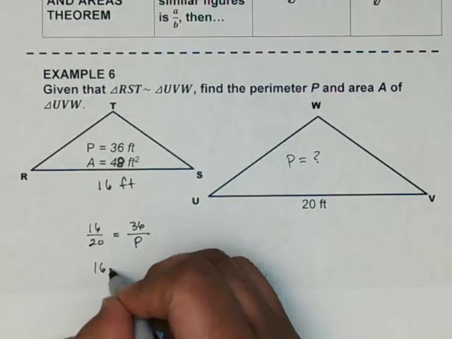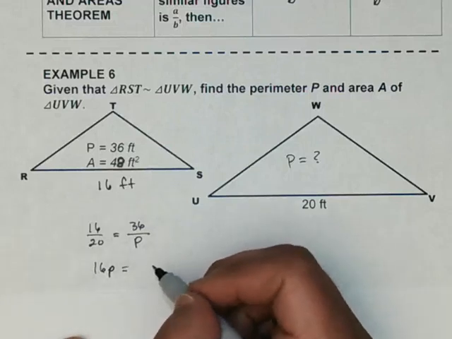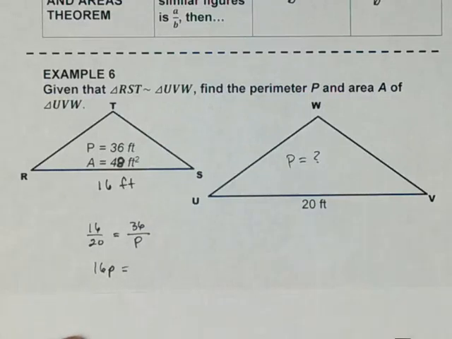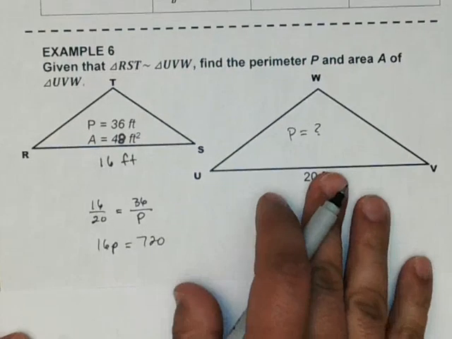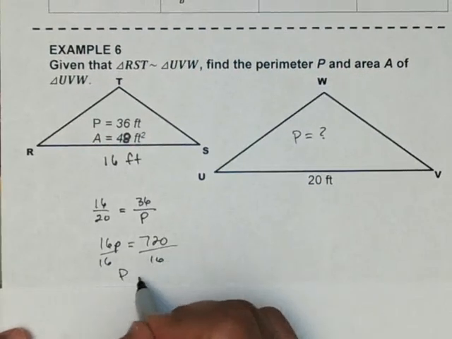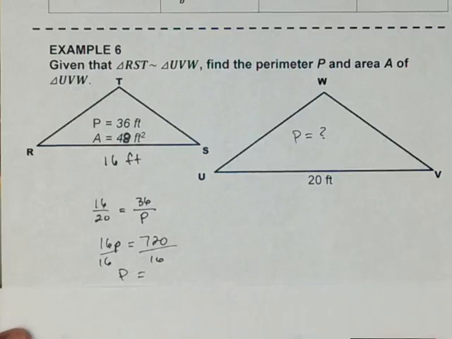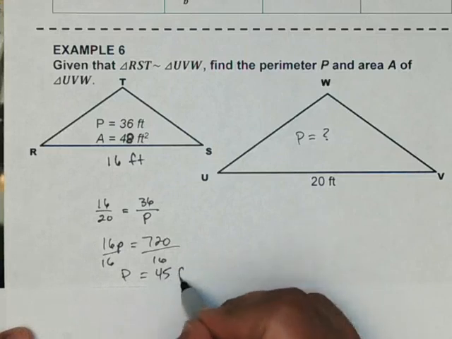Cross multiplying gives me 16P is equal to 20 times 36, which is 720. And if I divide by 16, the perimeter comes out to be 45 feet.